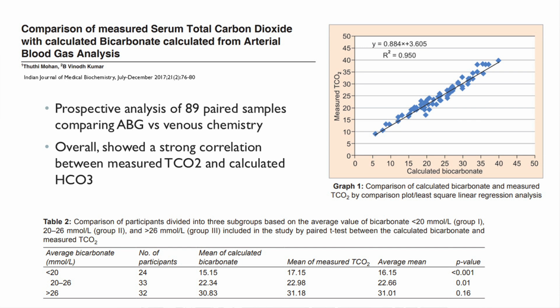But even then, there was a significant difference between the means, but it was from 15 to 17, so still only 2 millimoles per liter. And the R squared was still 0.95.